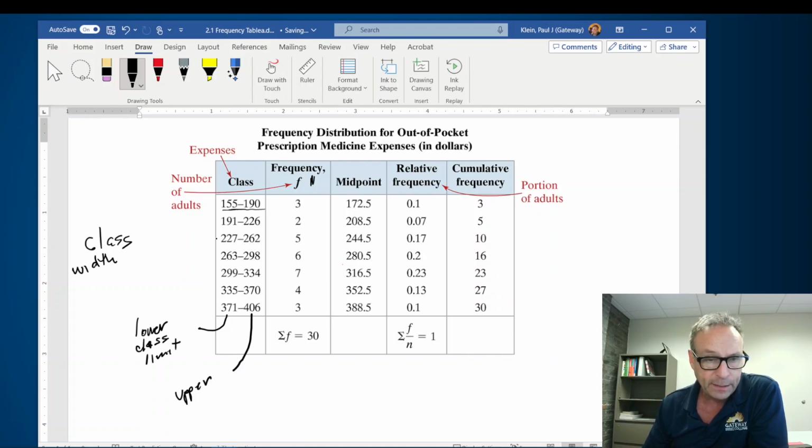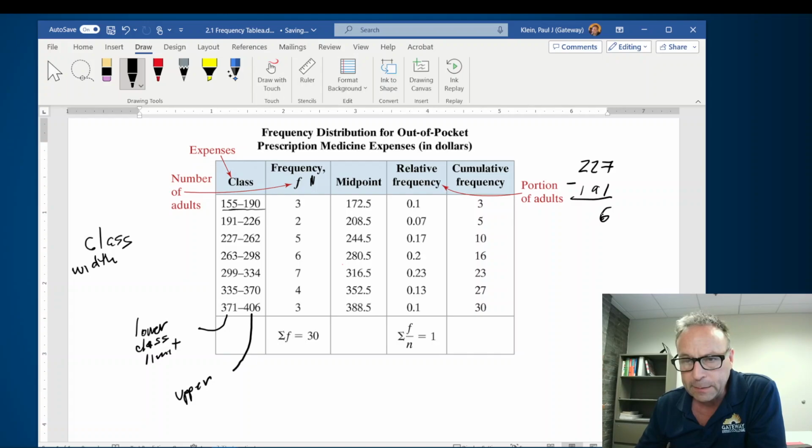Like you can take 227 minus 191, and we're going to get 36.